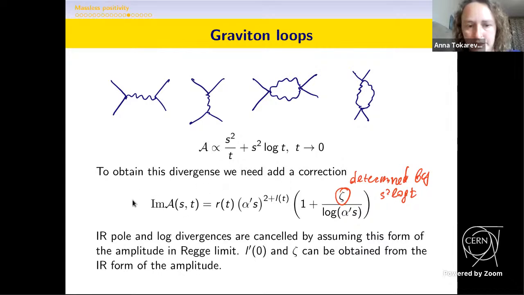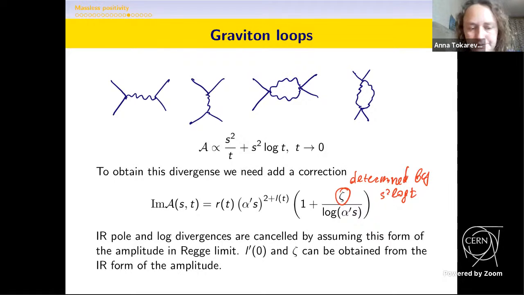And from this, we can find that the imaginary part of the amplitude in the UV limit, in the limit s to infinity and t to 0, must have this form. If we also need to cancel the logarithm term here, we have to assume that there is a logarithm here. It comes just by explicit computation of the Laplace transformation.